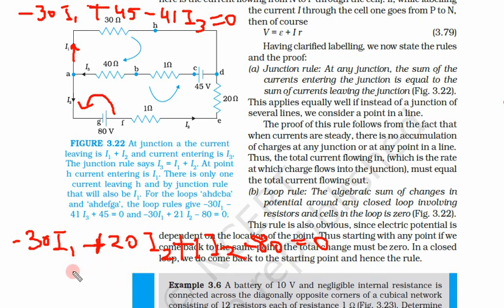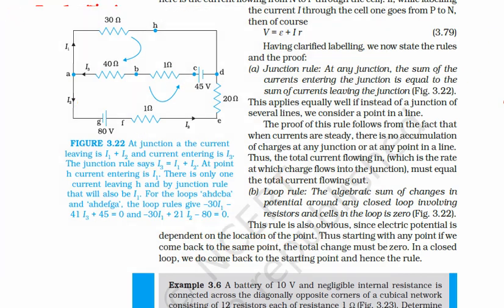So the second equation is minus 30 I1 plus 20 I2 plus 1 I2, so minus 30 I1 plus 21 I2 minus 80 is equal to 0. So we have used both the rules and got these two equations. Just by solving these equations we can evaluate the values of I1 and I2.